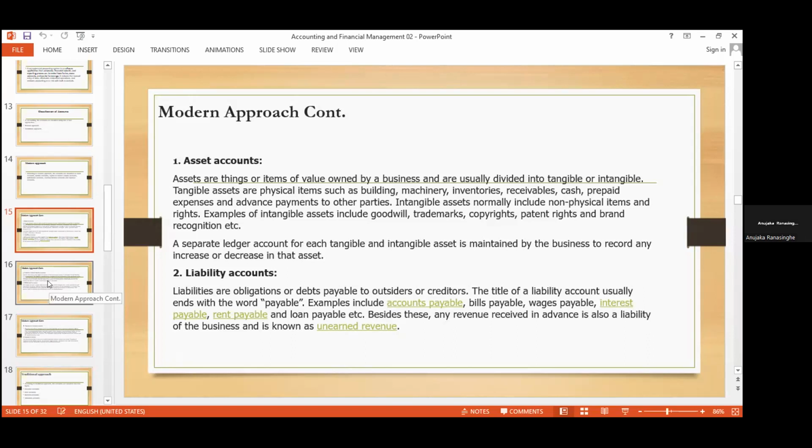Liability account. Rupasara, what's your question, son?